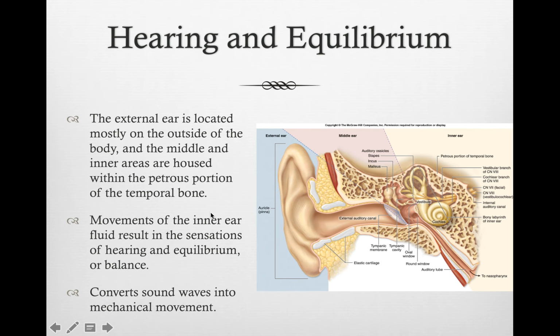So sound waves will come in this direction, through the external auditory canal, and vibrate the tympanic membrane, which will in turn vibrate each of the three ossicles. Right here we have the malleus, the incus, and then finally the stapes that is attached to the inner ear. Those vibrations will then register through the inner ear, and the changes to the fluid inside the chambers within that inner ear are actually what is then sent off to the brain for interpretation.